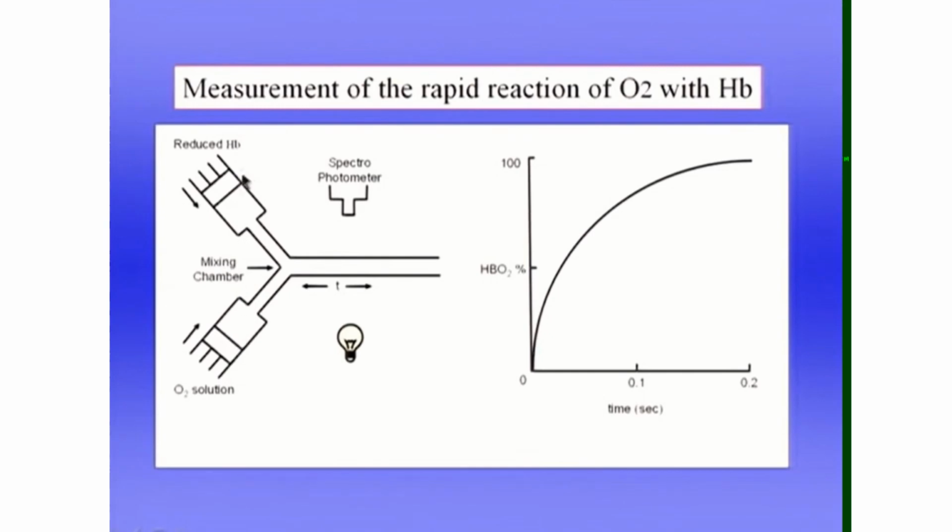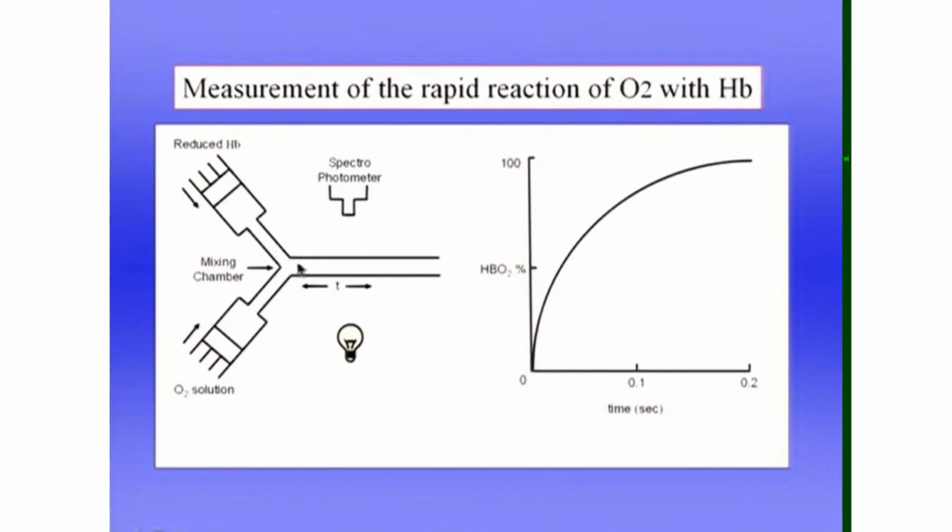And you arrange that both of these are emptied using a piston with a motor, emptied at the same rate, and so the products mix in a mixing chamber here. So you're going to add a high partial pressure of oxygen in solution to reduced hemoglobin. And of course that's going to result in oxygenation of the hemoglobin.